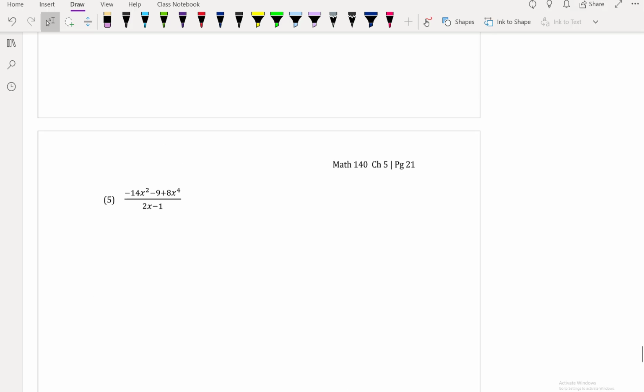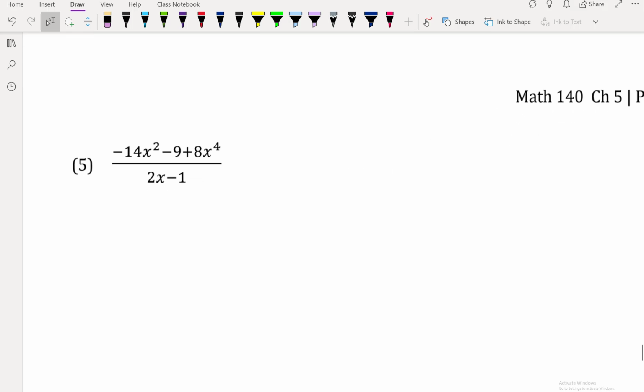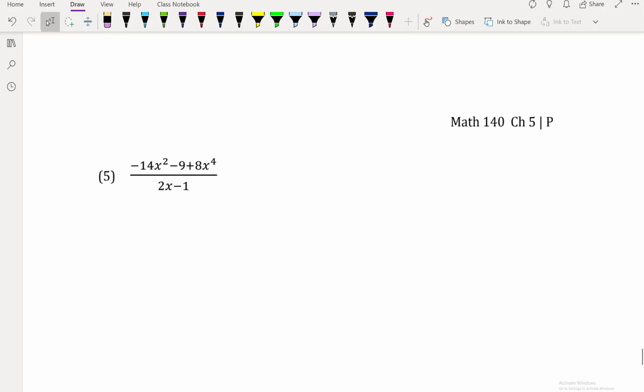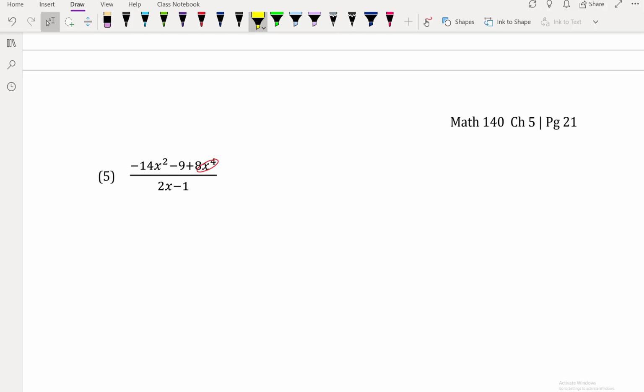Okay. Well, let's go ahead and look at number 5. This one's slightly different. The reason why this one is slightly different, well, let's think about this. I have an x to the 4 over here, and I have an x squared over here. So there are two things that you need to make sure that you always understand.